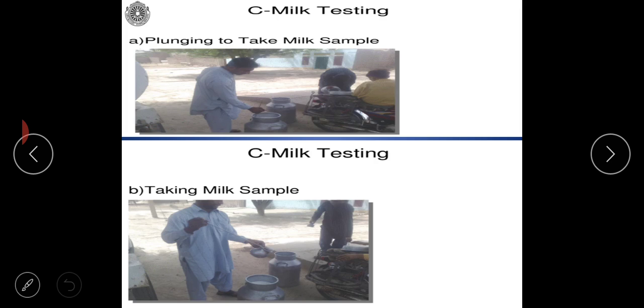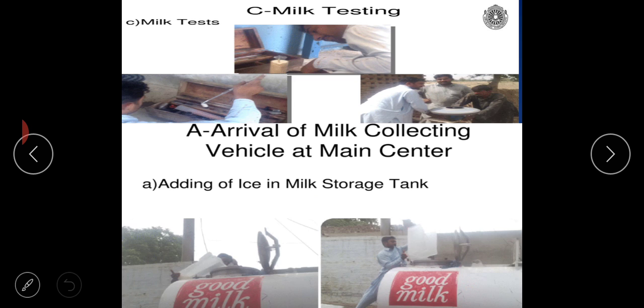So here you can see the picture wherein you observe the collection of a sample of the milk from different containers, and that sample is taken to the laboratory for testing for various parameters. You can see a person subjecting the milk to various types of tests.